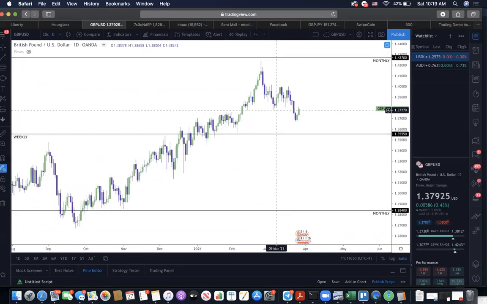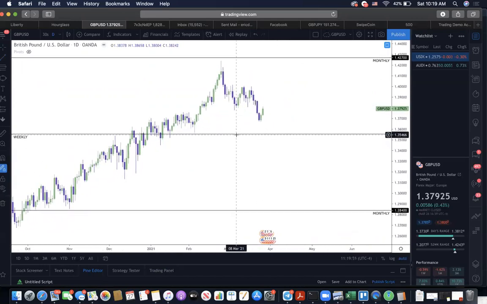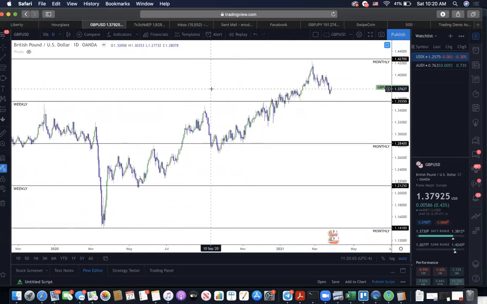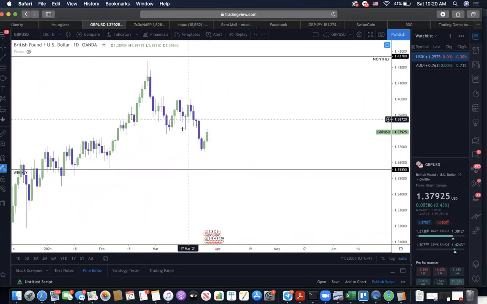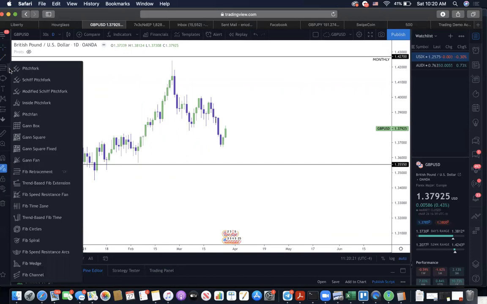So now what I'm going to do is mark off some daily support and resistance as well. This area right here looks relatively strong. As a matter of fact, I can mark it up as a zone.